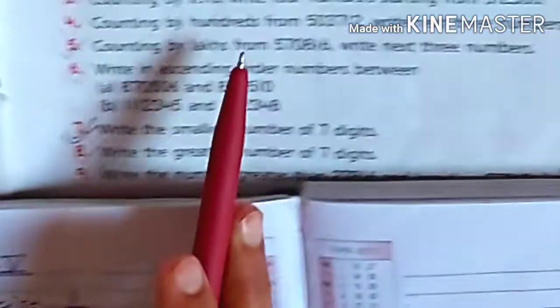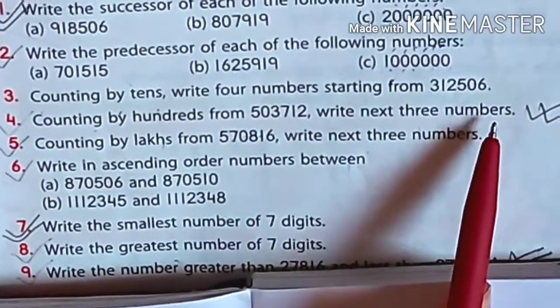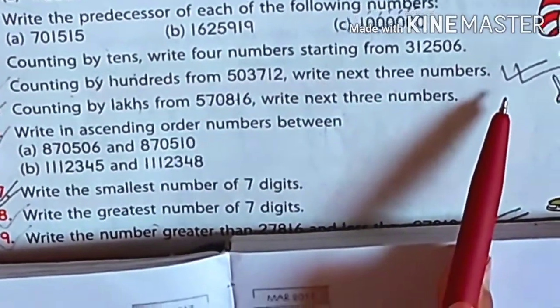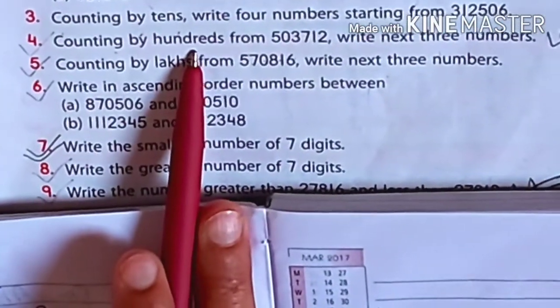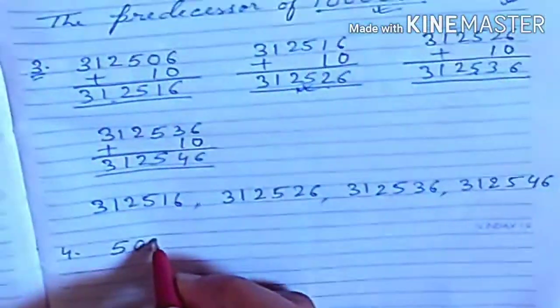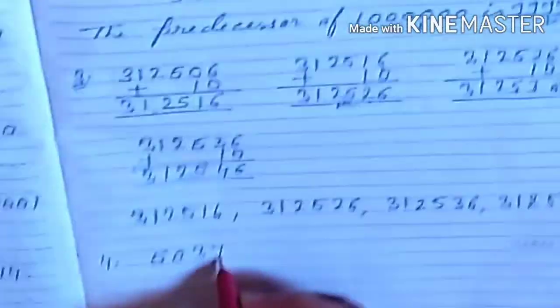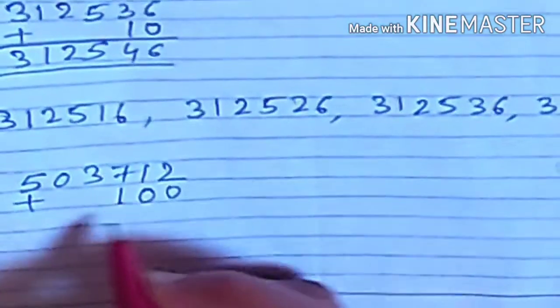Now go to question number 4. Counting by hundreds. From this, write the next 3 numbers. What do we have to do? Counting by hundreds, so we have to add 100 to this number. Let us do. The number is, we have to count by 100, so we have to add 100.